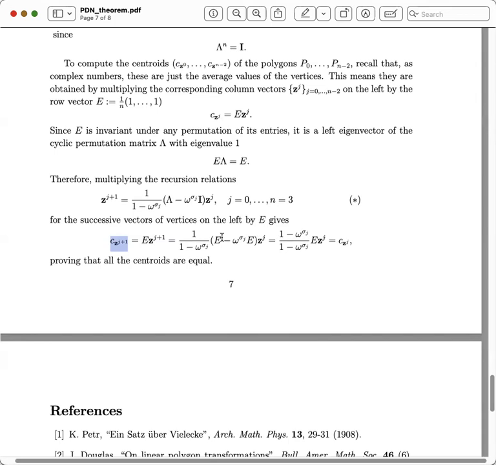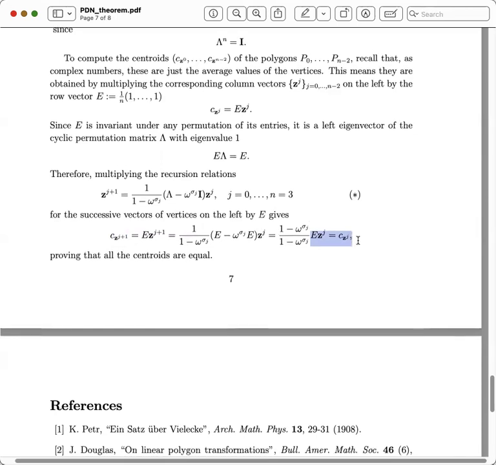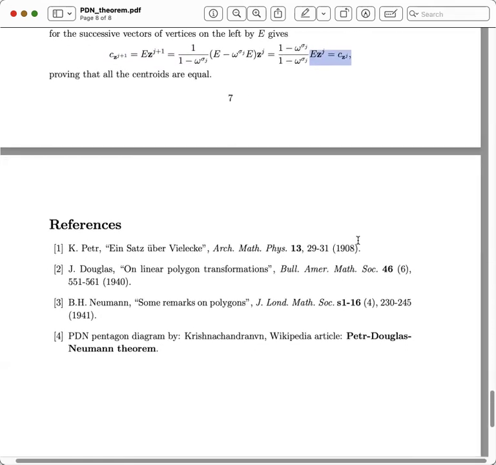But because this is an eigenvector with eigenvalue 1, this is replaced by 1. So we get in the numerator 1 minus omega to the sigma j, and we also have in the denominator 1 minus omega to the sigma j. So these two factors cancel, giving us E z j, which is the centroid. So that means the centroid of the j plus 1th polygon equals the centroid of the jth, proving that all of the centroids are equal. And that ends the proof of the theorem.